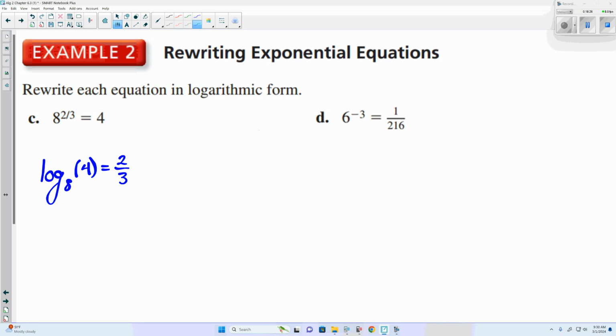I don't want you writing it level like this, because what that really looks like is log of 8 times 4. You don't need the parentheses. I put them just so it's easier to see, but I believe if you look at the textbook, they're just going to have it written like this.